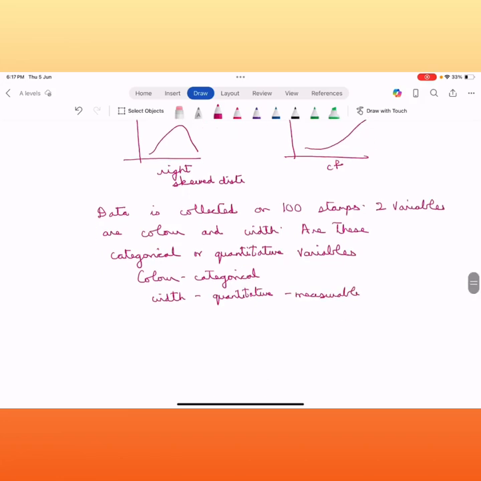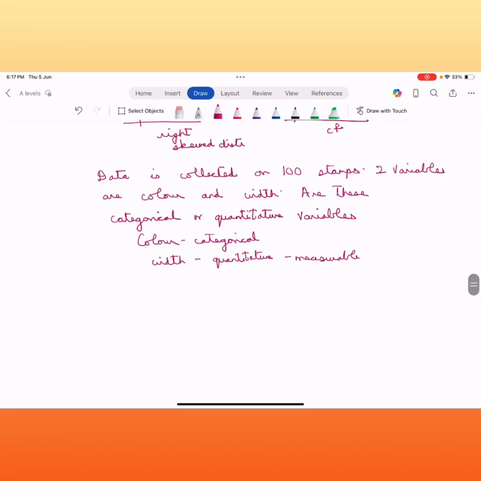Let's discuss a few true or false questions. So question A, stem plots are useful for both quantitative and categorical data sets.